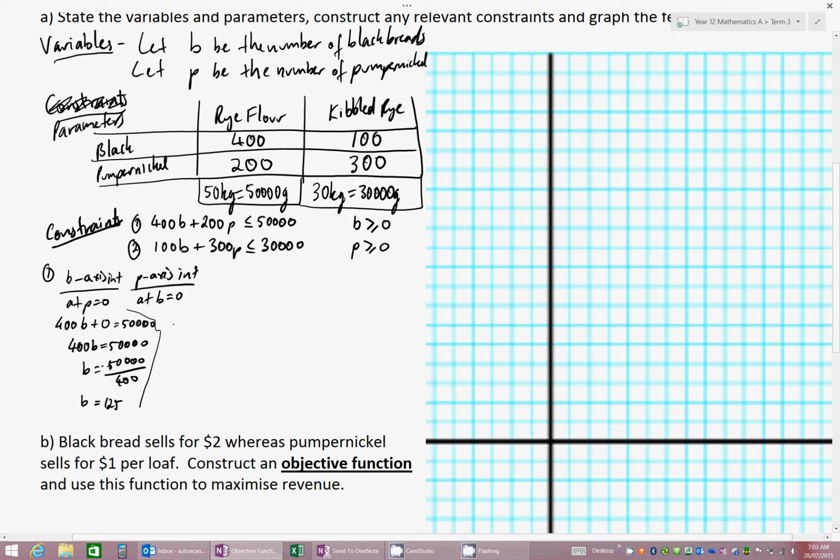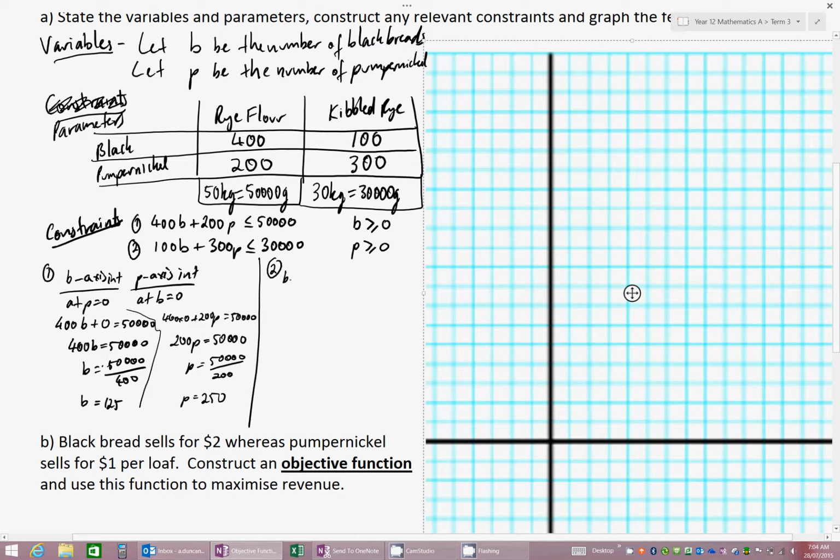Do a similar thing for the p-axis. So 400 times 0 plus 200p equals 50,000. So 200p is 50,000. P is 50,000 divided by 200, 250. So that's my first constraint. Do the same thing for the second constraint.